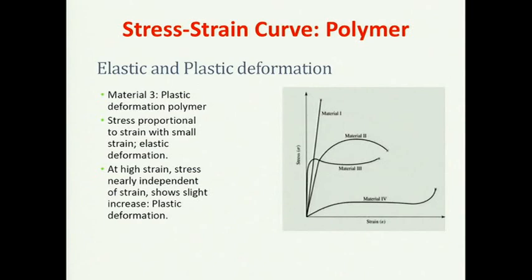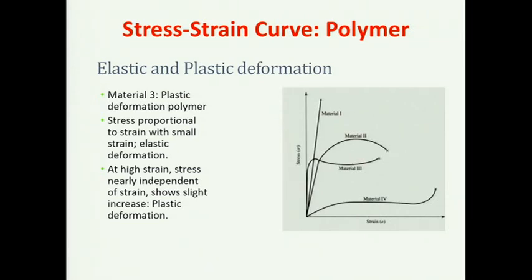For polymers, there is a wide range of things you can obtain depending on their molecular weights and properties. So elastic and plastic deformation can be obtained with polymers depending on their chemistry, as I was saying. Stress proportional to strain, in this curve we are looking at, you can obtain this kind of behavior with polymers.